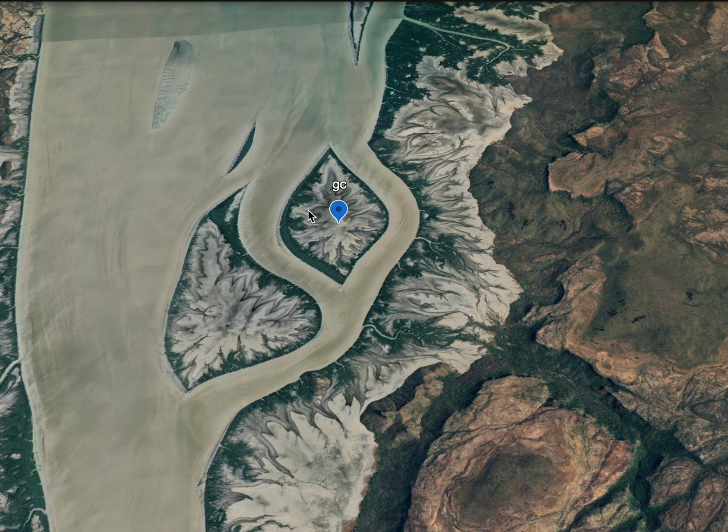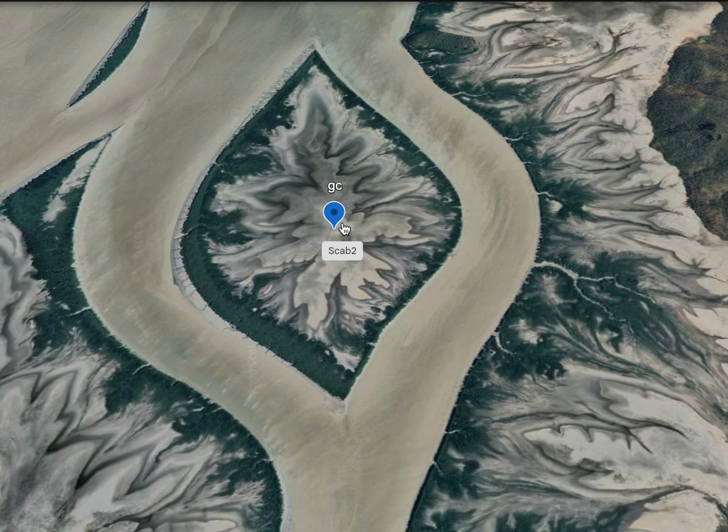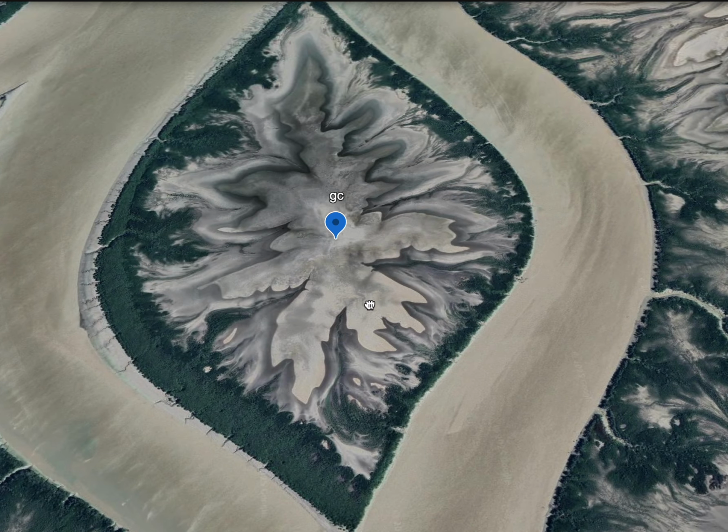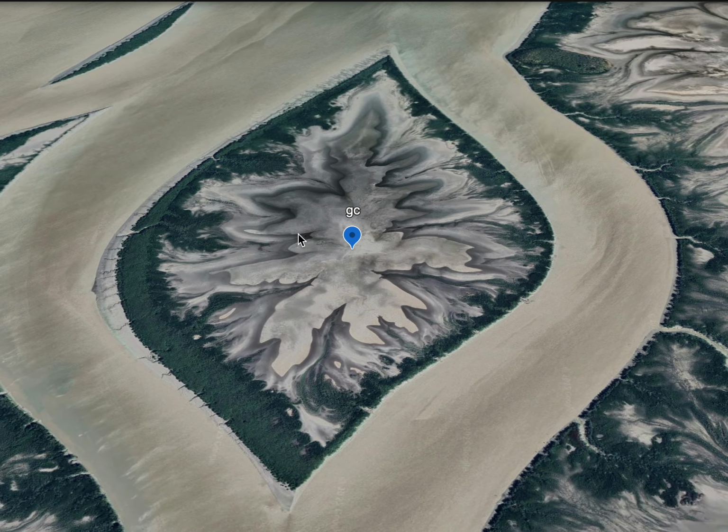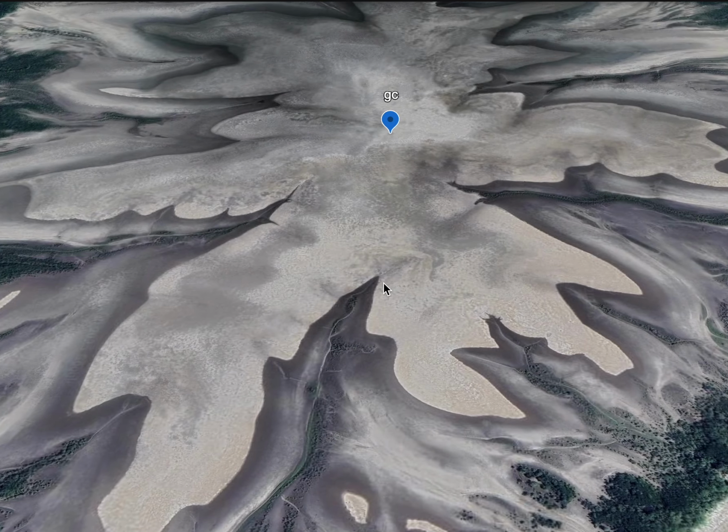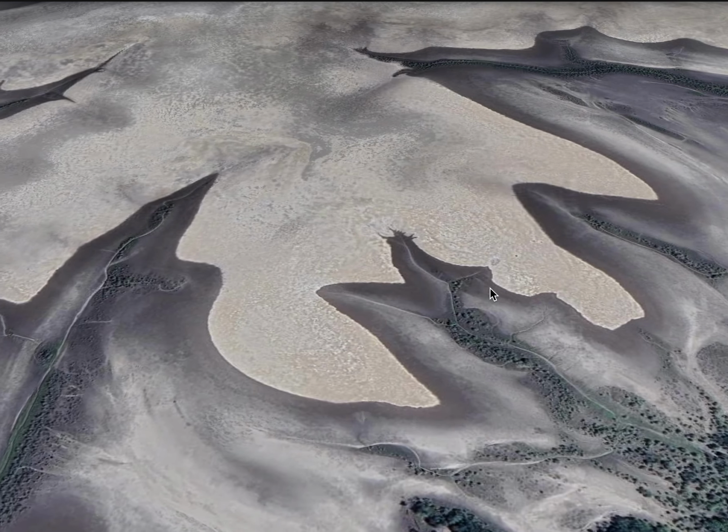But let's take a closer look at this island, which, if the ocean wasn't here, this is not a river, this is the ocean of a bay. If this bay water wasn't here, and this was in the desert of Australia, you would call that a mesa. So let's look at this mesa.